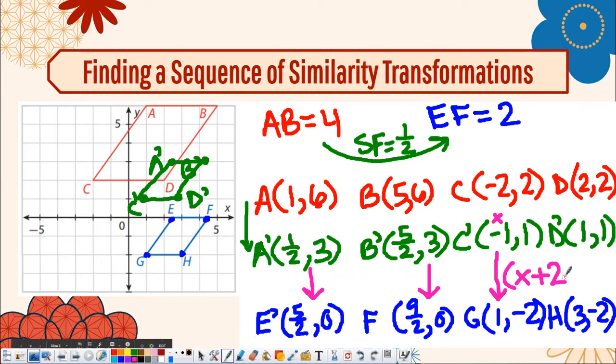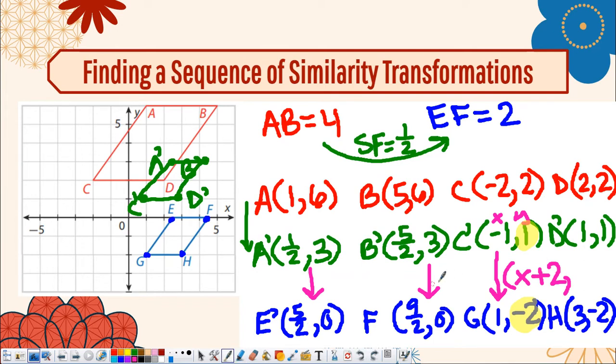Then we're going to have to find the relationship with y. So if you have a positive 1, how did it become a negative 2? And if that's too hard to figure out, what I'm saying is, how can I get this point, for example, to match up with this point? How many units down do I have to go?